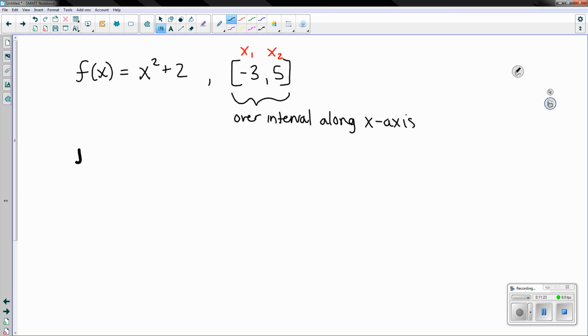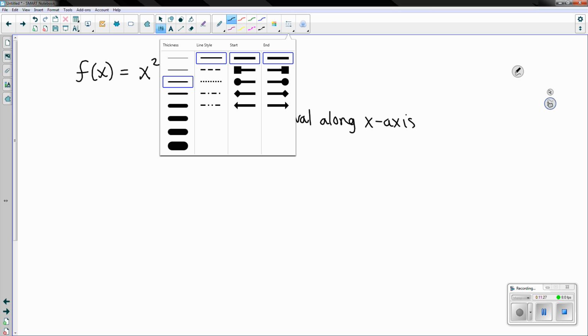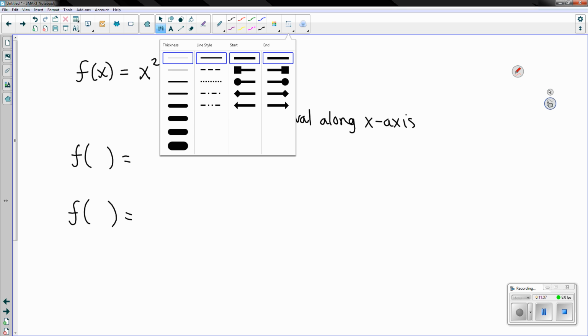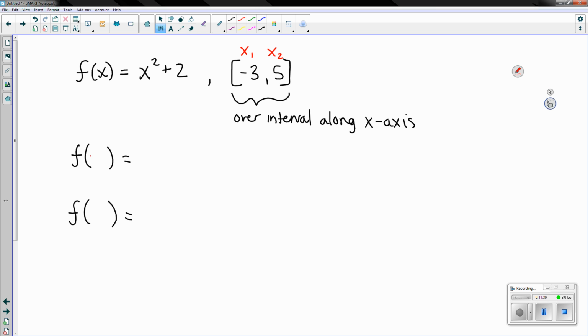So we're going to evaluate our function at those given x values. We're going to evaluate the first one at -3 and the second one at 5.